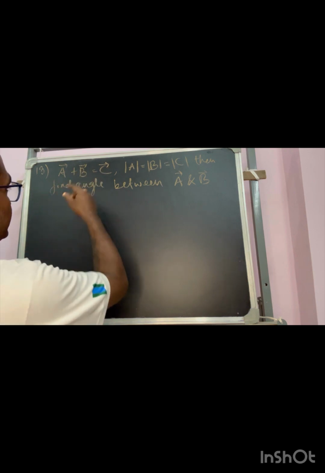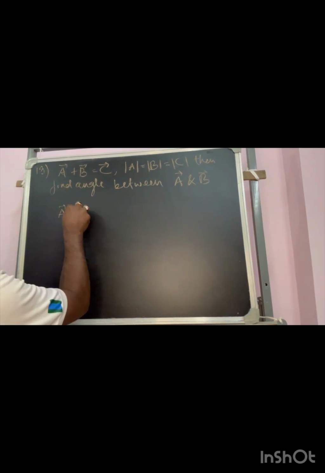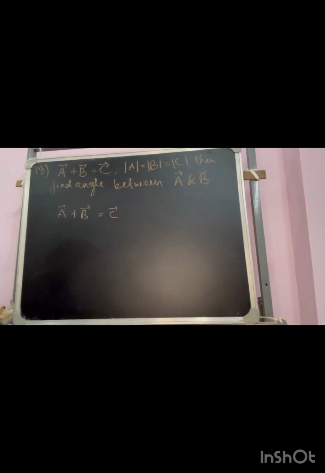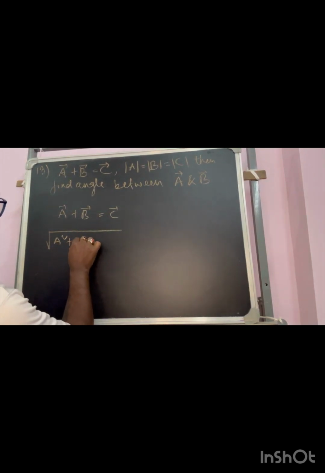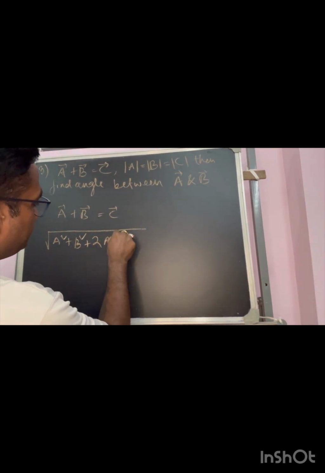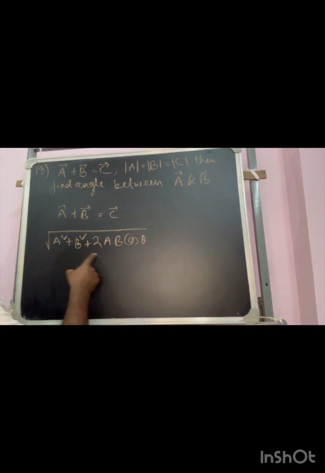So this is my task to find. It is given that vector A plus B is equal to vector C. So from that we can write, it must be following the parallelogram law, and from there we can say that the resultant is the square root of A square plus B square plus 2AB cos theta, as per the parallelogram law.